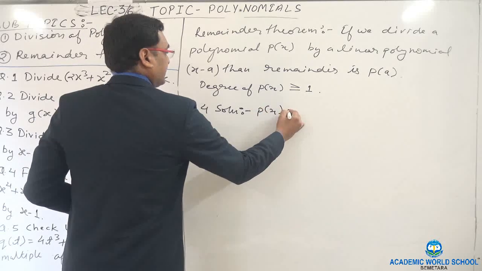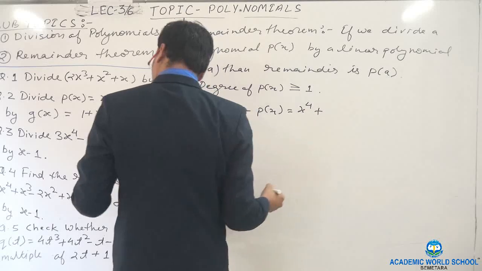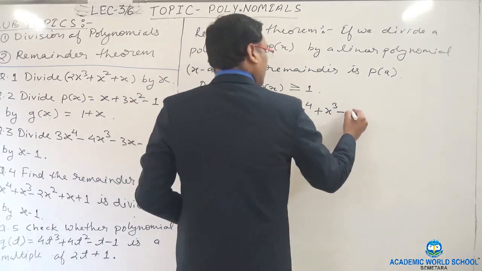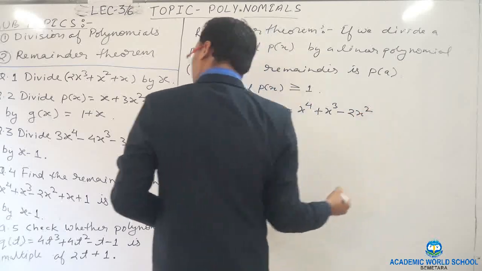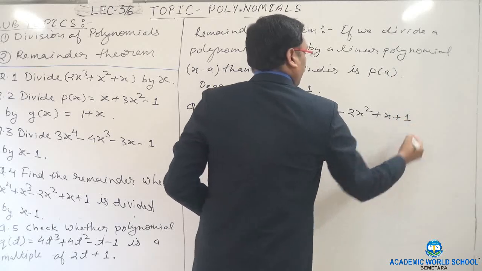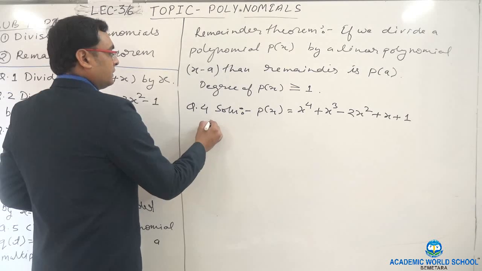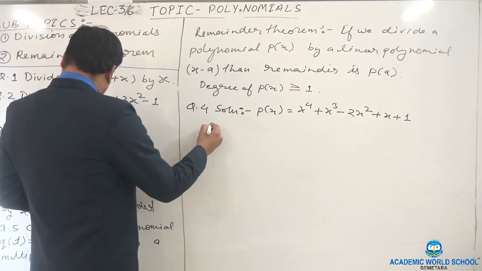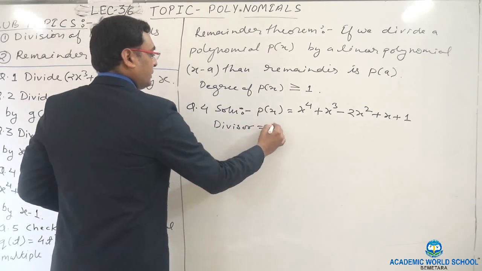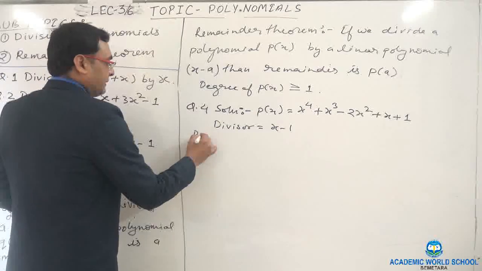Polynomial p(x) is equal to x to the power 4 plus x cube minus 2x square plus x plus 1, and we are dividing it by x minus 1. So the divisor is equal to x minus 1, and we want to find the remainder.